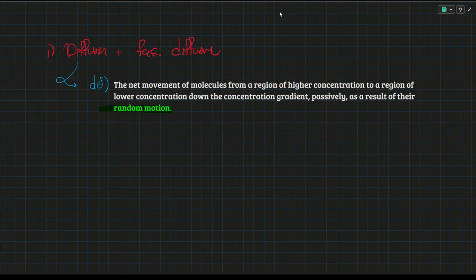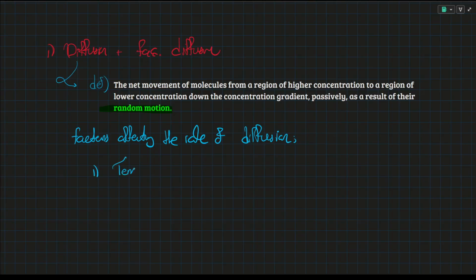Okay, then let's talk about the different factors that can affect diffusion. Factors affecting the rate of diffusion. The first factor, and perhaps the most obvious one, is temperature.